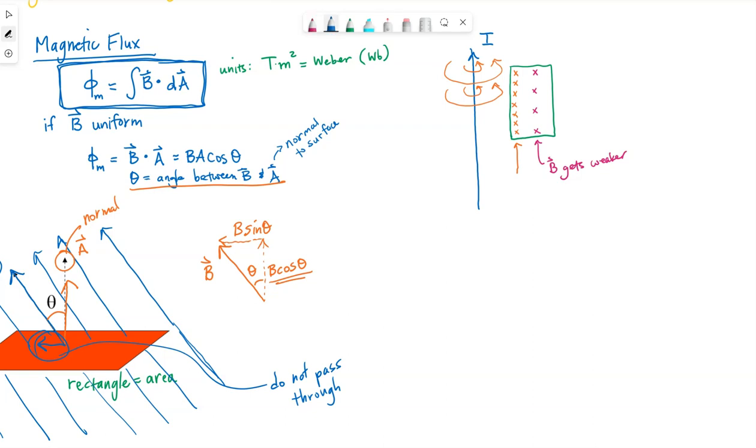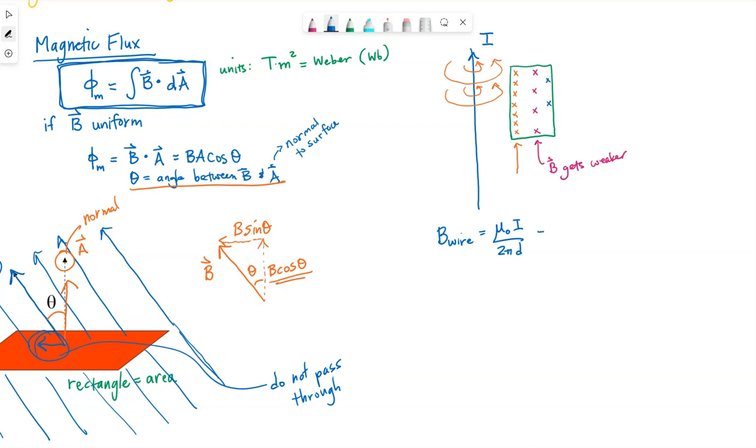By the time we're over on this far side, there's still magnetic field into the screen, but it gets weaker and weaker the farther away we get from the wire. If you recall, B of the wire, mu naught I over 2 pi d, is how we have that written in our notes.